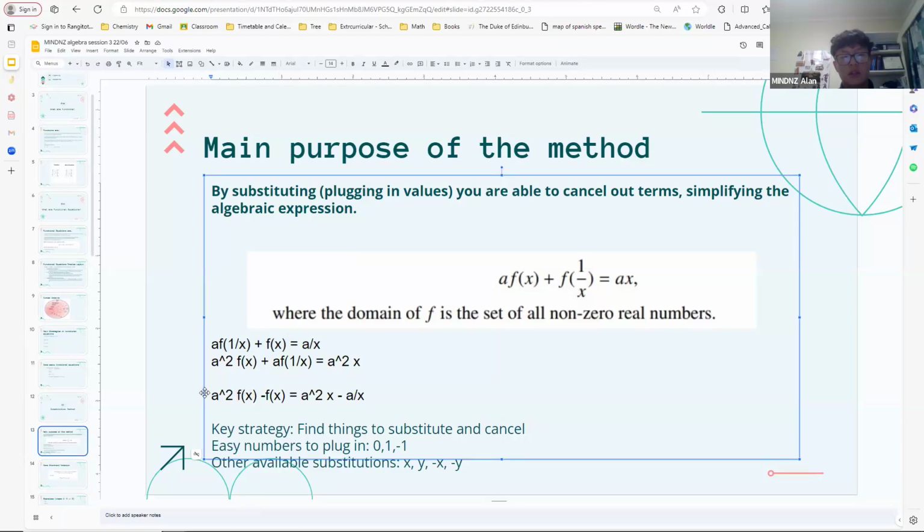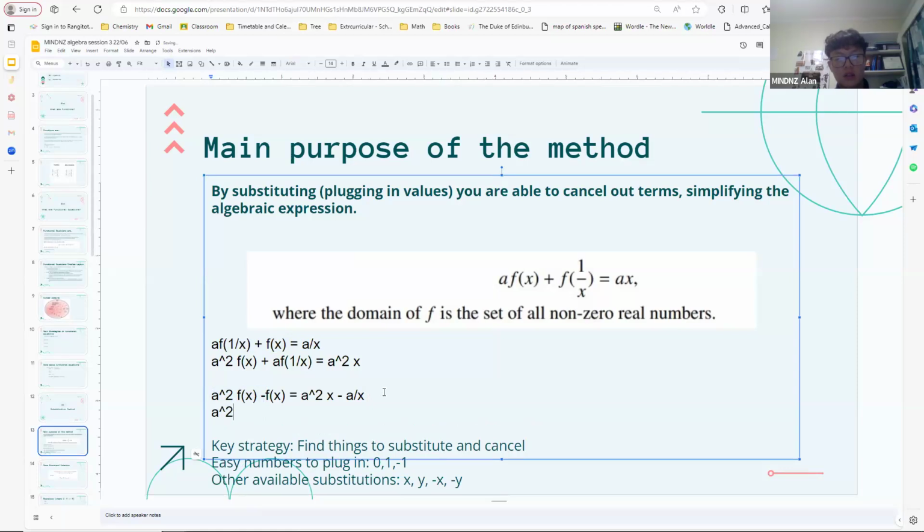But then what is the constant being multiplied to f of x on the left-hand side? It's a squared minus 1, right? Times f of x equals a squared x minus a over x. So what is f of x? We just divide by a squared minus 1, right? Which gives us f of x equals this expression all over a squared minus 1.